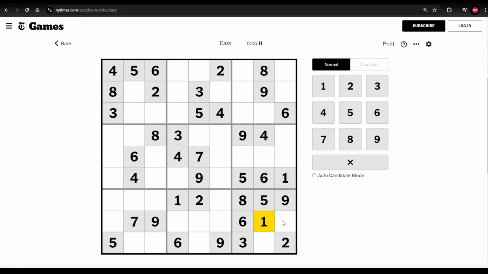Oops. So basically, if I put a 1 over here, it'll say that I'm incorrect because this line already has 1, so I cannot put it here. But I could put a 1 over here, and I could also possibly put a 1 over here. I don't know.